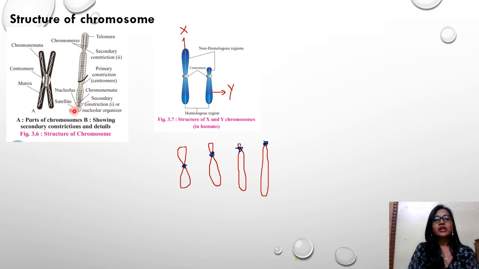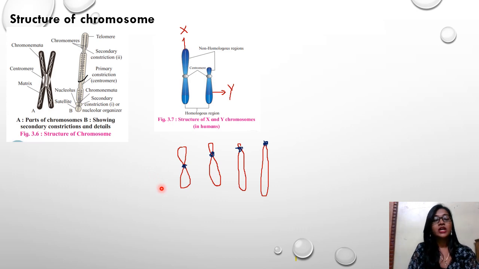Chromosomes have the ability to self-replicate, and they play an important role in heredity, variation, mutation, and evolution of the species. The chromosomes which are morphologically and genetically similar are called homologous chromosomes, which we studied in the previous slide also.